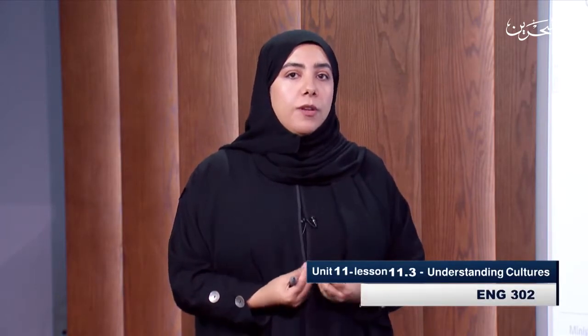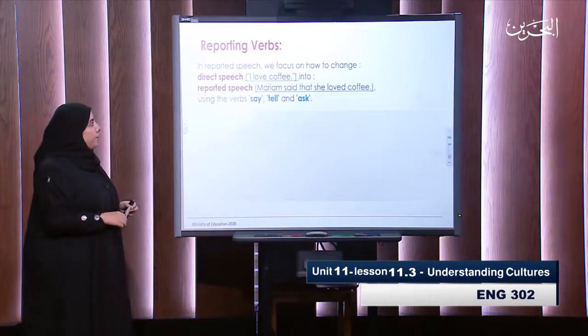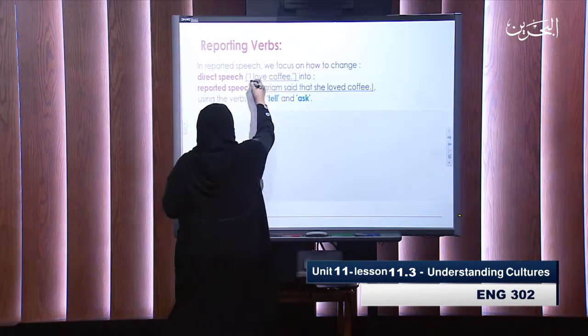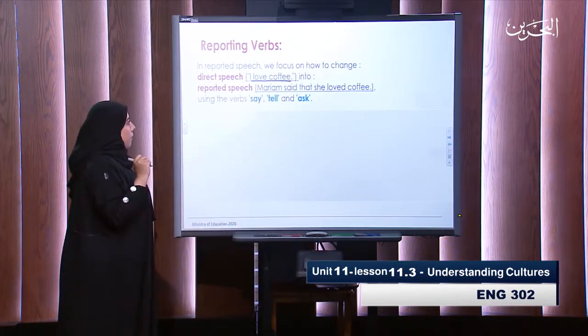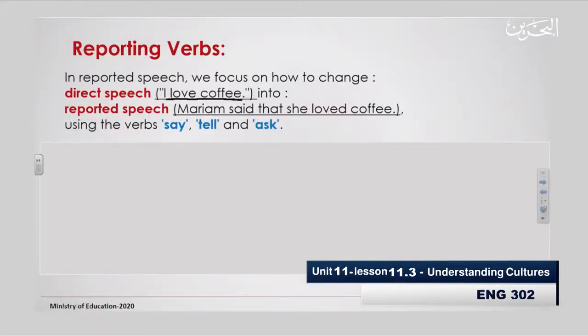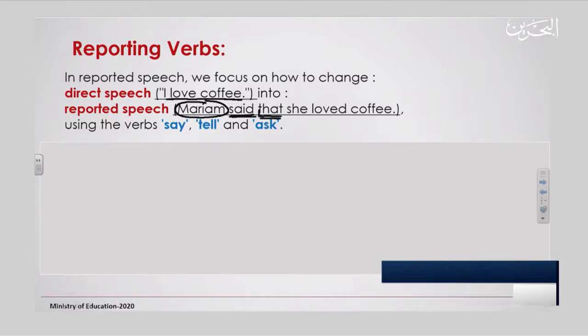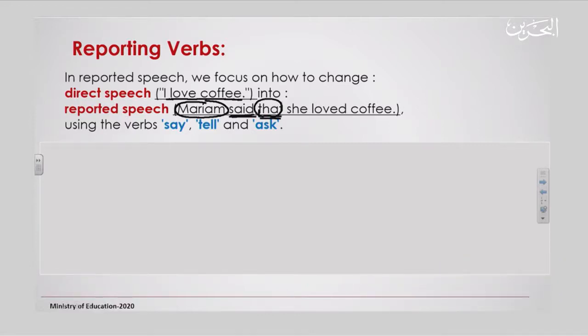The idea of reported speech is to use some verbs in order to report what someone said. For example, you have the sentence, I love coffee. Keep in mind that you should refer to the subject, which is Maryam, plus the reporting verb, then add the word that.